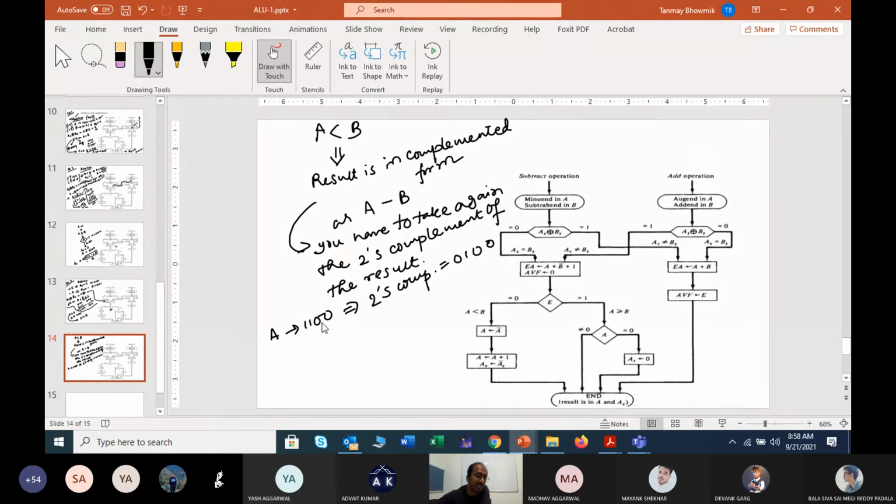Once you get a one, you write the same, and then you complement the other digits. So from the right hand side you have not found any one until now, so you are just writing the digits 0 0. When you find the one, you write it, and after that you complement the values.